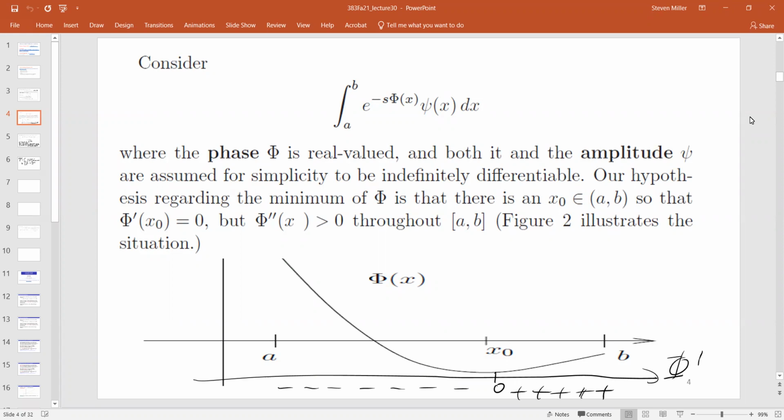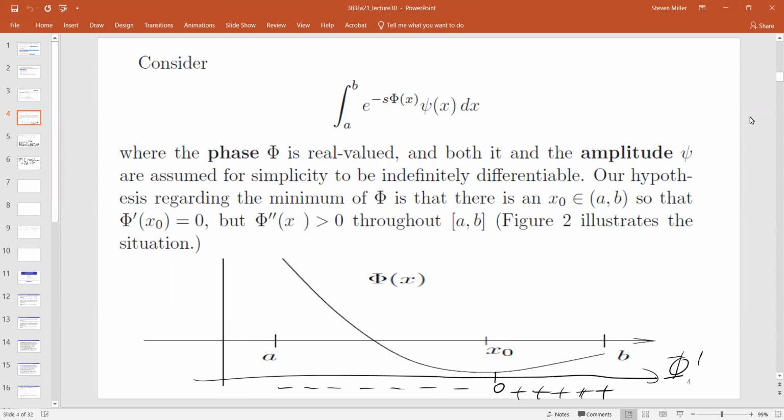Think of this as like a Gaussian. The variance is on the order of 1 over s or 1 over square root of s, something like that. So any fixed absolute number is going to be so many standard deviations away, it's going to be essentially nothing. What you really want to do is talk about movement on a scale of size 1 over s or of size 1 over square root of s. And so if I move over on the order of 1 over s in terms of the value of x, how much is that?